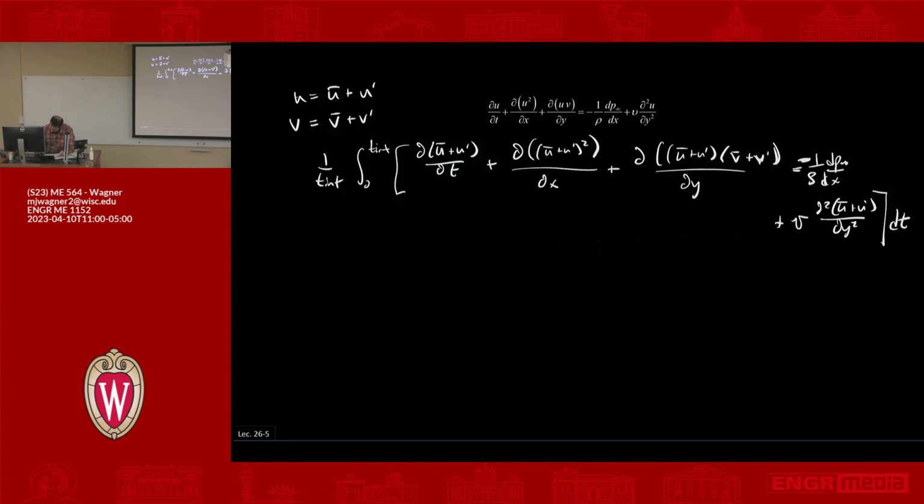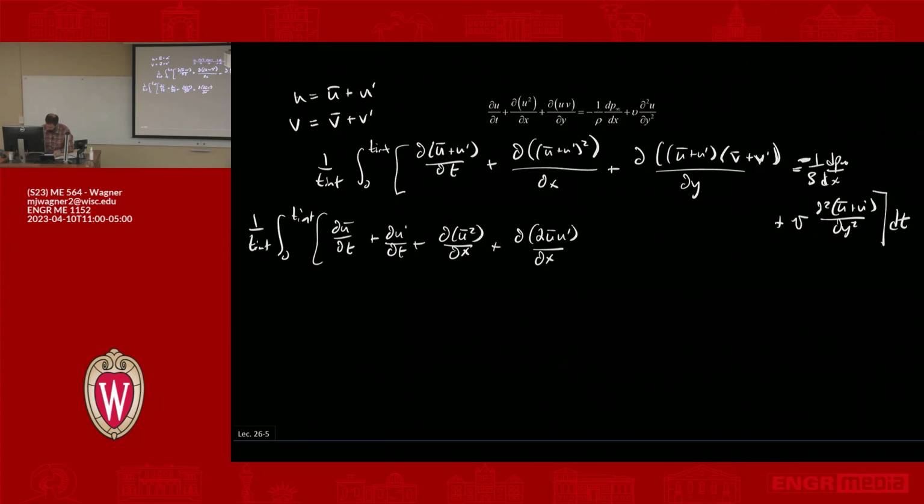So save room. 1 over t int, integral from 0 to t int of this whole thing. So we have partial u bar, partial t, plus partial u prime, partial t, plus partial u bar squared, partial x, partial 2 u bar u prime, partial x. Okay, and then we have partial u prime squared, partial x.